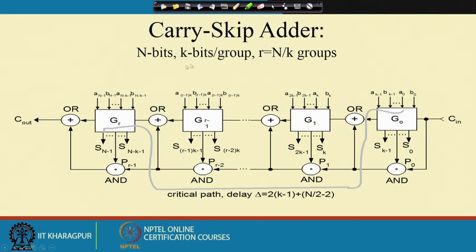These groups I write as Z0, Z1, up to Z(R-1) and ZR, where R is the number of groups, and each group is a carry skip adder consisting of k bits.